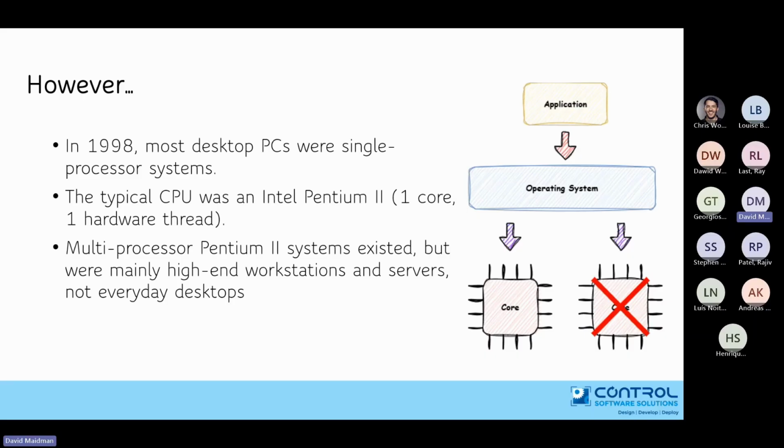So we still had multitasking, but we didn't have multiple processors. So typically at the time, the most common CPU was a Pentium 2, and that had one core, which was one hardware thread.